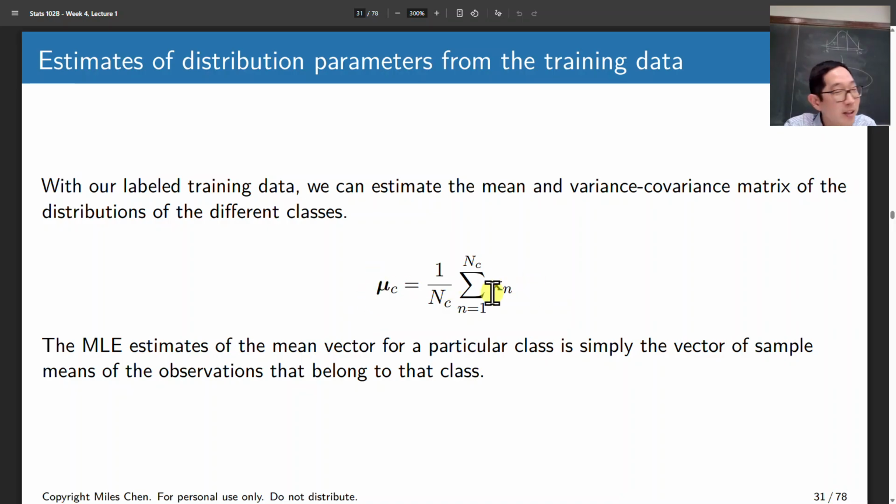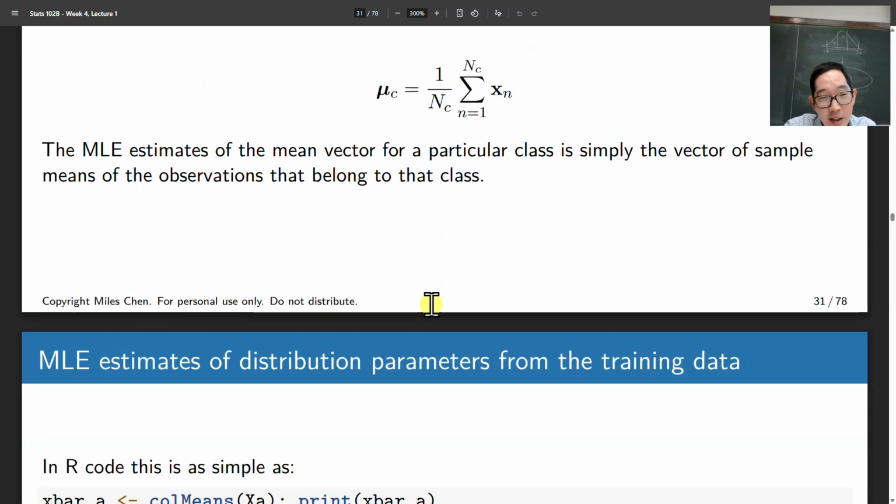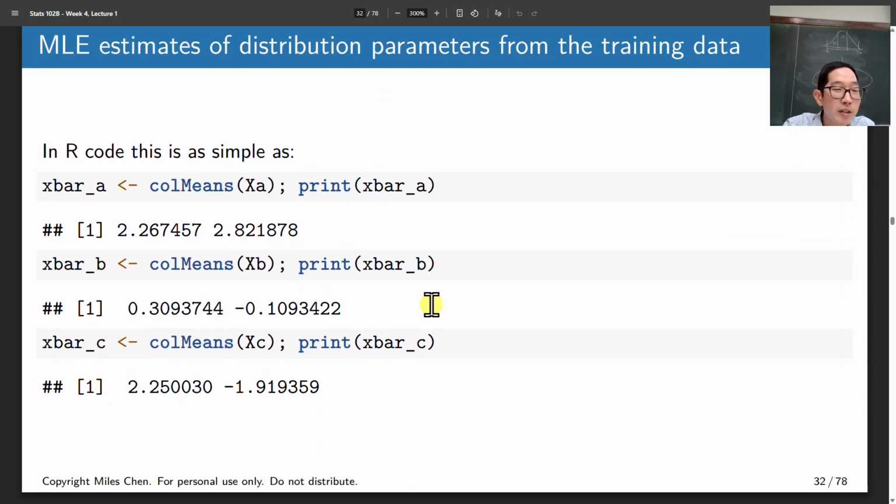So you're just taking your vectors x, adding them up, and dividing by how many you have. N sub c is how many points belong to that particular class. So we add up our 30 values that belong to class A, divide by 30, and so on and so forth. Here I can just calculate the column means of our XA values.